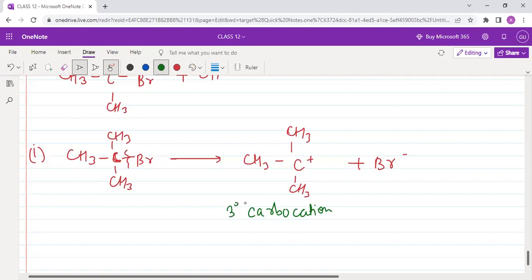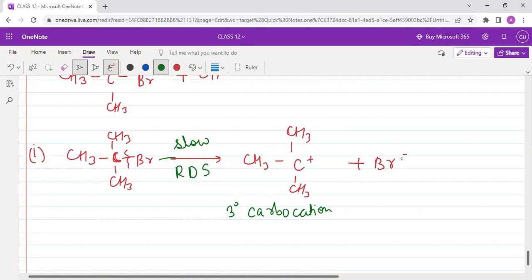In step 1, the polar bond between carbon and halogen undergoes cleavage, and this is a slow step. The slowest step is called the rate determining step, RDS. The carbocation and bromide ion are produced.